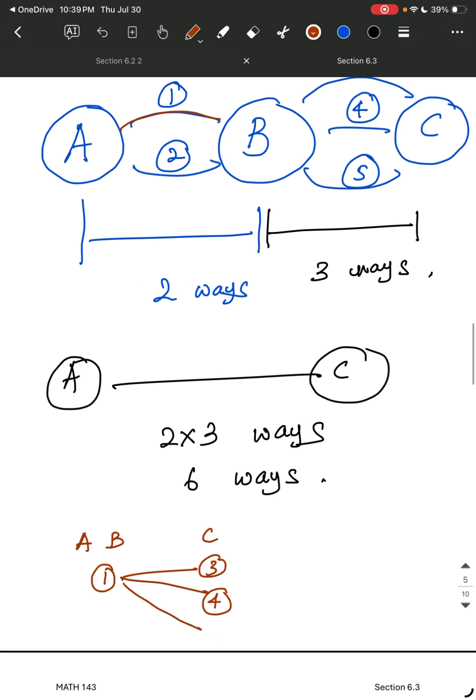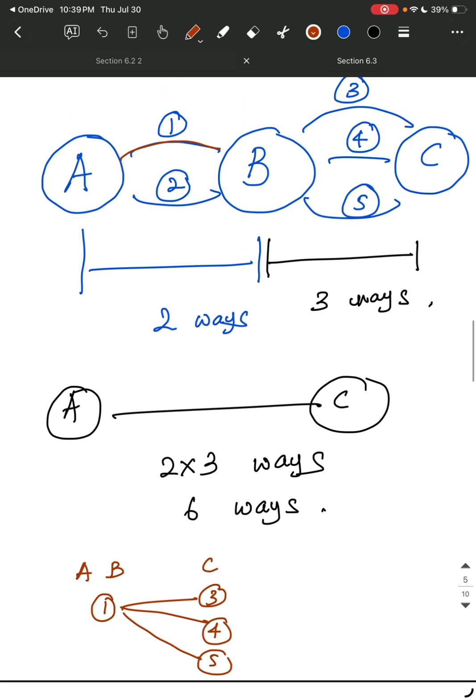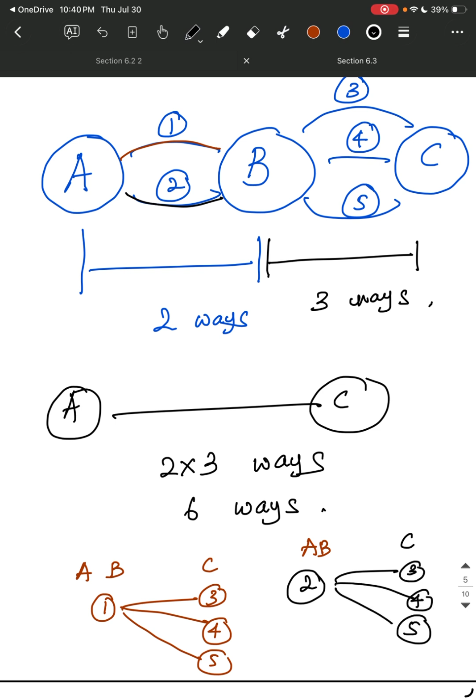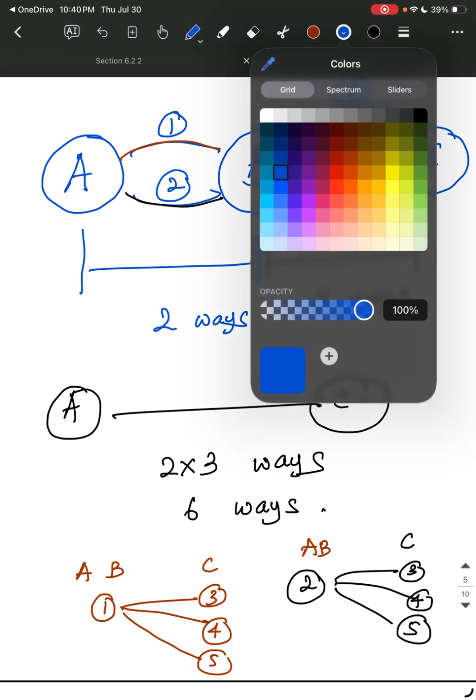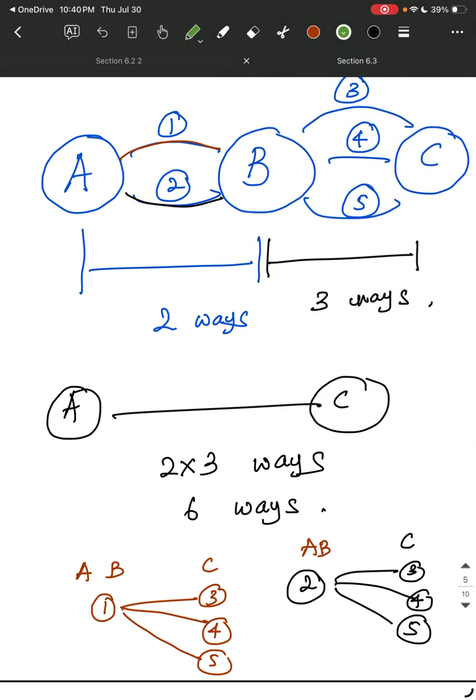If we select route 2 from A to B, again we have 3 possible routes from B to C. There are 6 different ways that we can go from town A to town C, 1, 2, 3, 4, 5, 6.